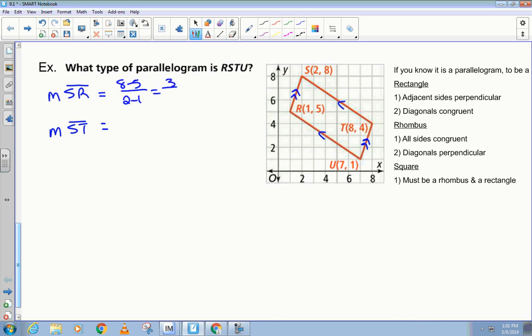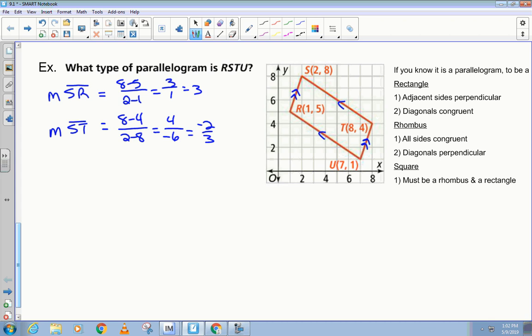So that's 3 over 1, which is 3. For ST, you would do the difference in the Y's, 8 minus 4 over 2 minus 8, and that's going to be 4 over negative 6, which is negative 2/3.